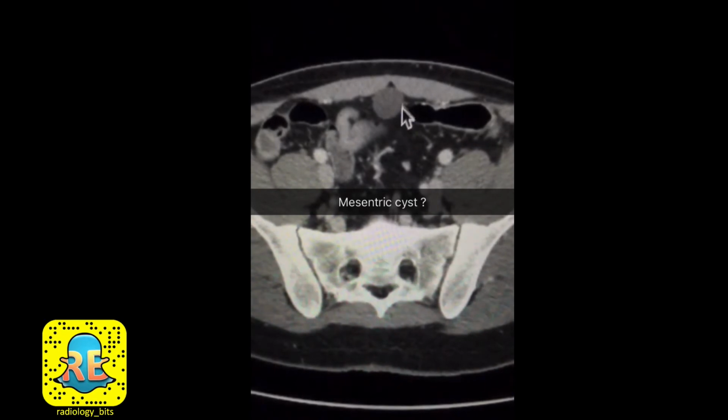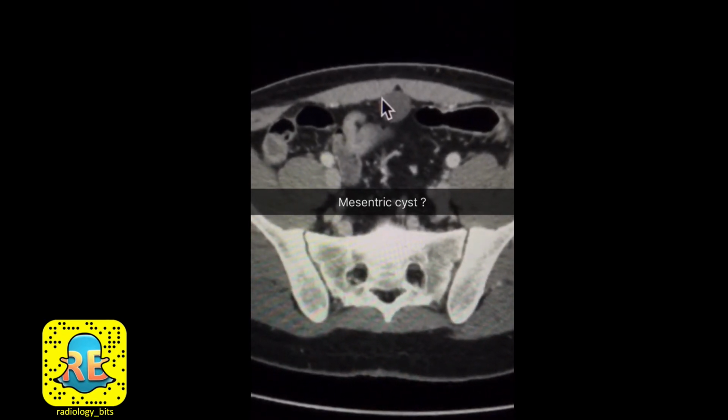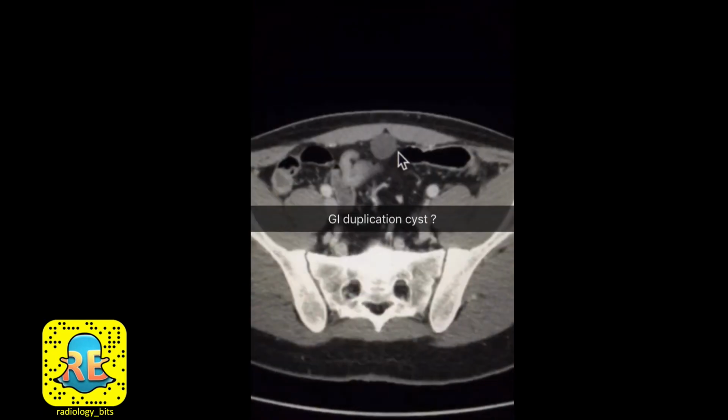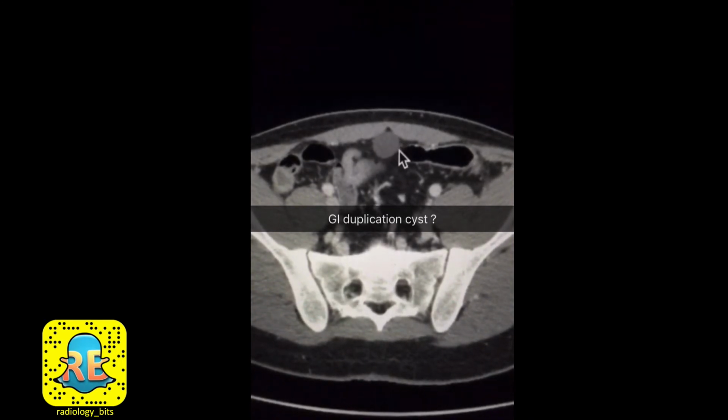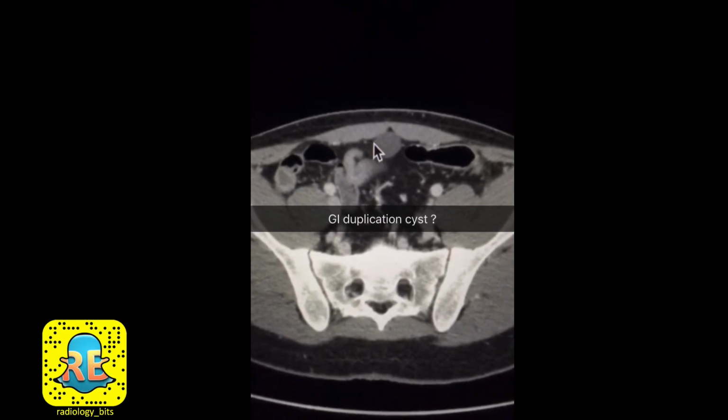These are usually congenital cysts within the mesentery that contain fluid, and they may occur anywhere. A third option would be a congenital duplication cyst of the GI tract. Typically, those cysts have a slightly thicker wall because they have a mucosal lining similar to that of the GI tract, and this is not what we see in this case.